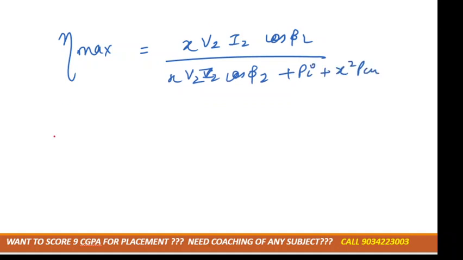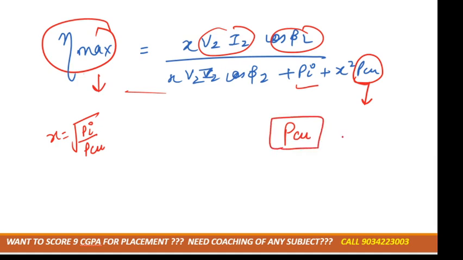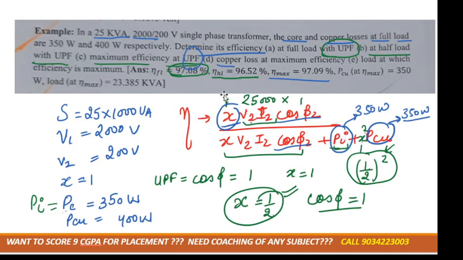The x value we got from that formula, root of Pi divided by PCU, right? V2 I2 we know, cos phi 2 we know, Pi we know. We only need to calculate copper losses. We also know the maximum efficiency from the previous C part. We have all values, we just need to calculate copper losses. After solving it, you will get 350 watt. I told you that iron losses and copper losses are equal, so it would be 350 watt.